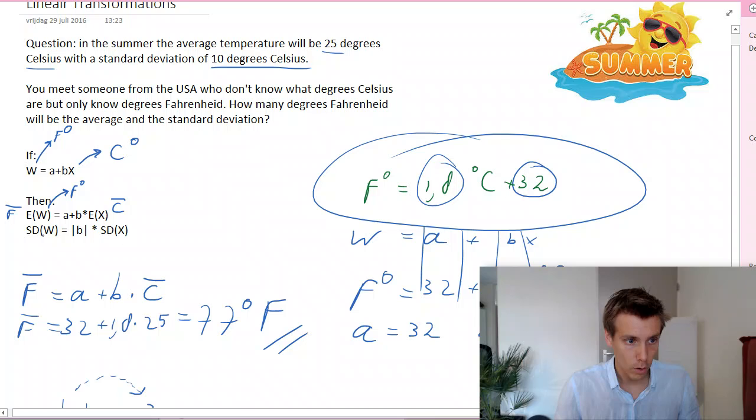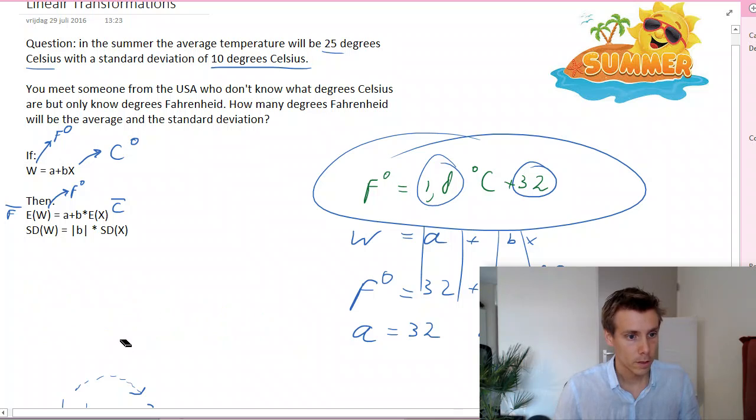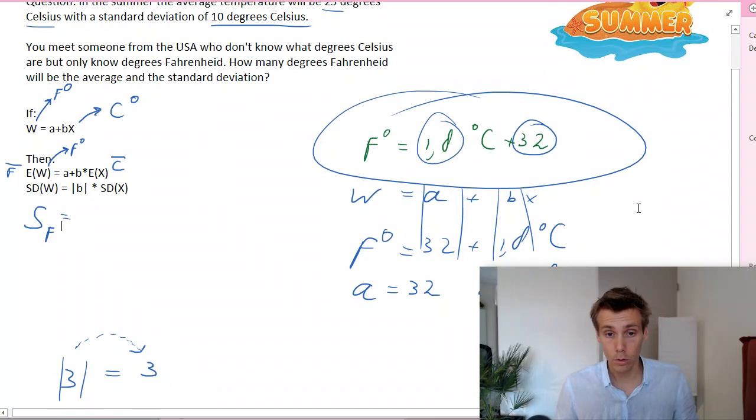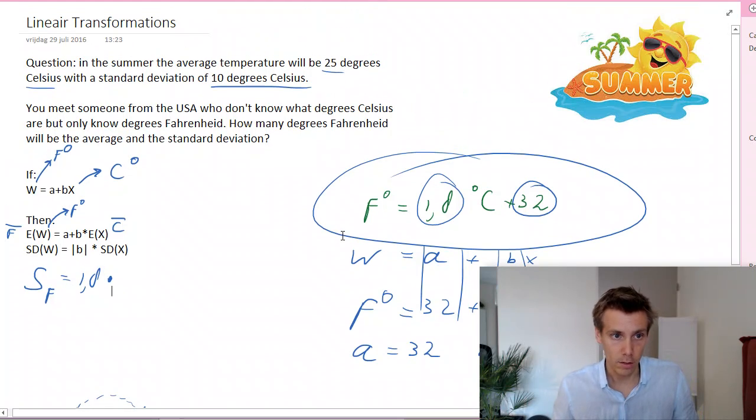Standard deviation of W, so standard deviation of Fahrenheit, or otherwise written down, the S of F equals the absolute value of B. The B we just found is 1.8, made positive but it stays 1.8, times the standard deviation of X, 10 degrees, equals 18.